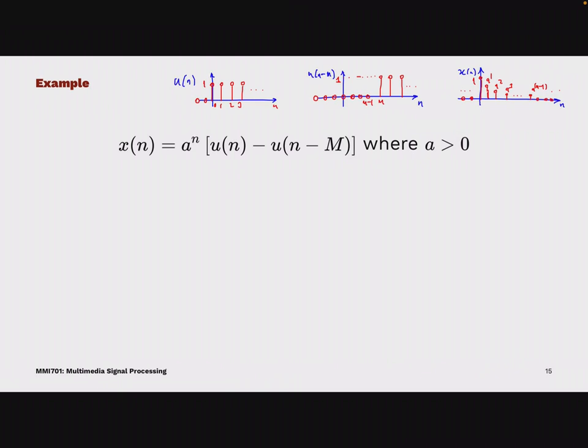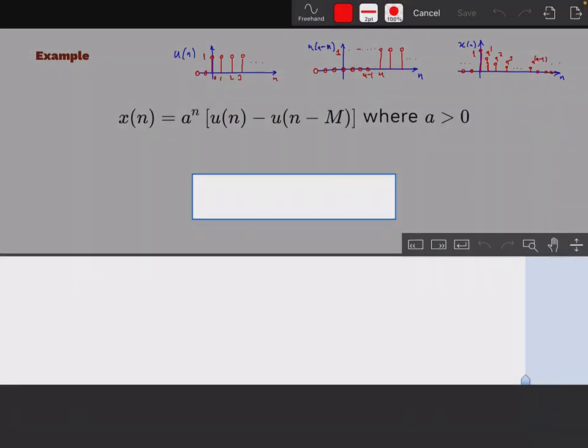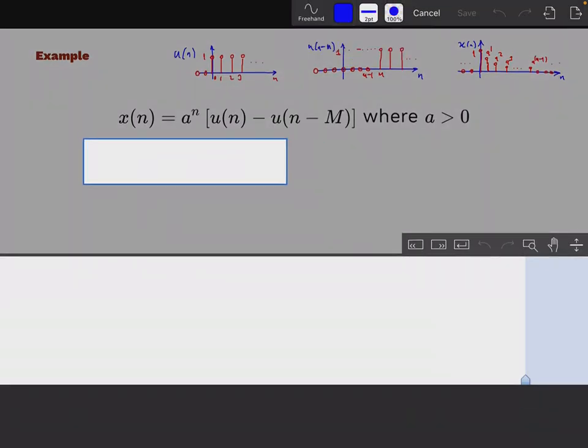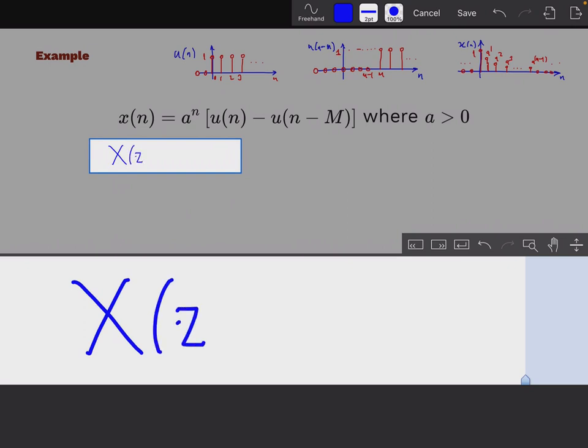Yeah, so it doesn't matter which value that is, as long as the Z transform converges. But let's have a look at the Z transform of this signal. Okay, so let's write x of z. So we're going to use the direct Z transform again.